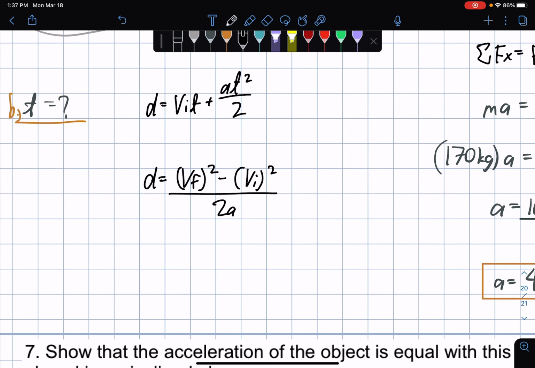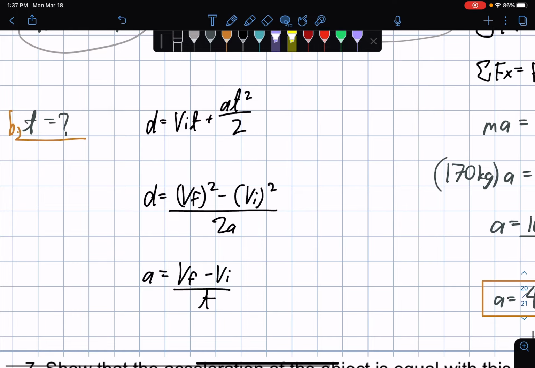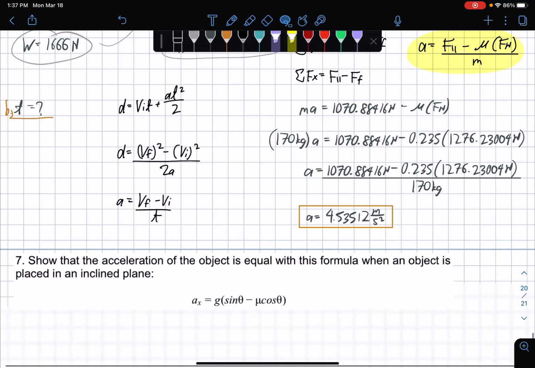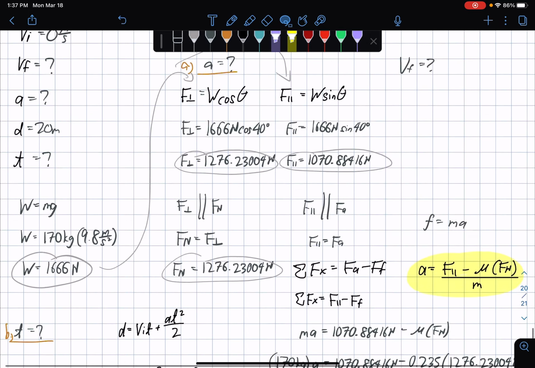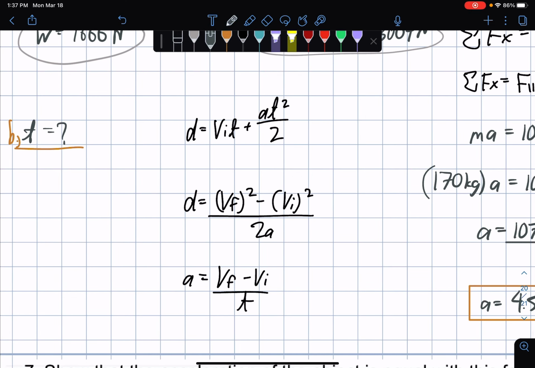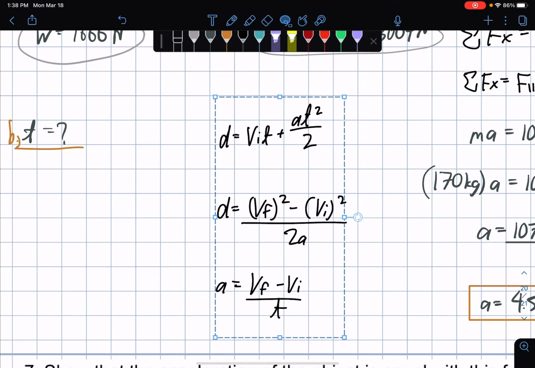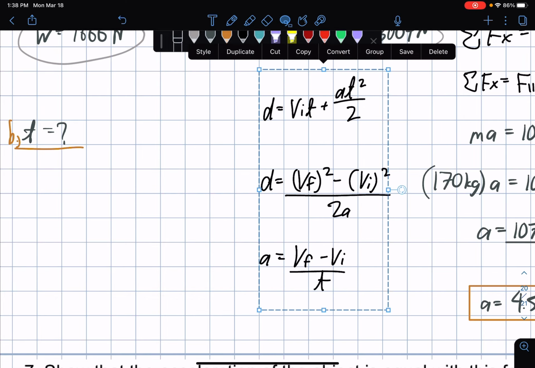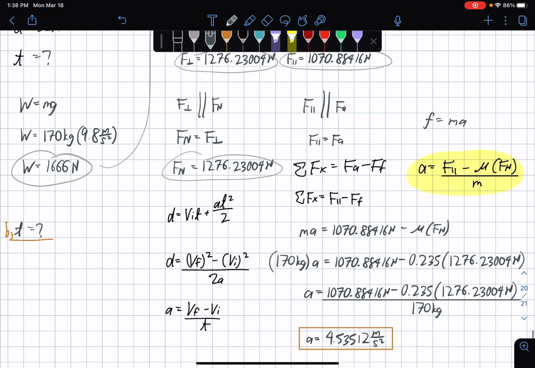So yeah. Another formula is, shoot, I hope I still remember it. I remember. Acceleration or gravity is equal to Vf minus Vi over T. So these three kinematic formulas will be important. So we just use whatever is possible to use based on the given values that we have.